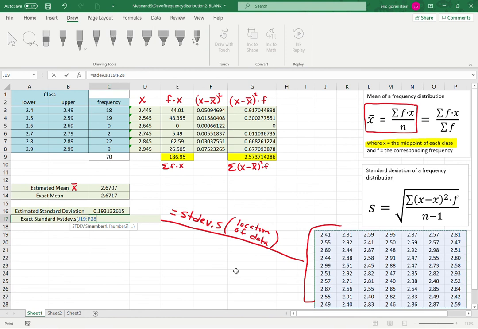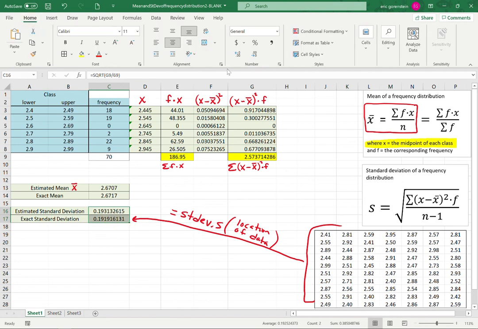That should give us the exact value of the standard deviation of this data set. And I'm going to round this again to 4 decimal places. Remember, the rounding rule is to use one more decimal place than your original data.